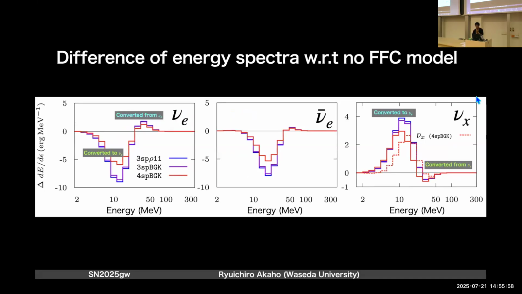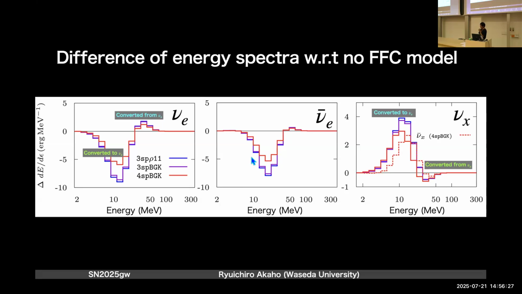And this is the energy spectra with respect to the no FFC model. Negative means that the number is fewer than the FFC model. So this is for nu and nu bar, which has the lower energy neutrinos converted to nu x, and these high energy neutrinos are converted from nu x.